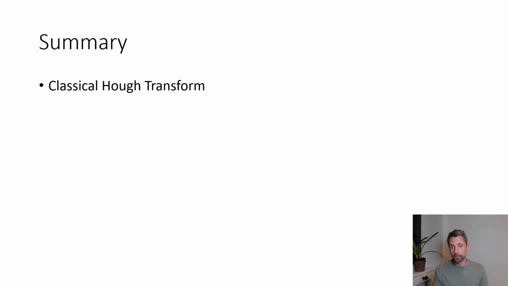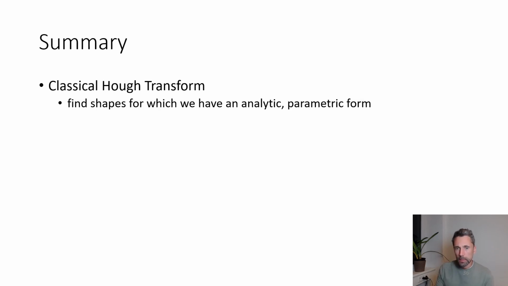Let's summarize. So I showed you the classical Hough transform for finding shapes for which we have an analytic parametric description, an equation that describes where in the image, in what kind of orientation and configuration you would find edge pixels.